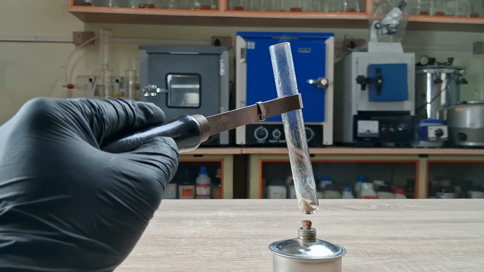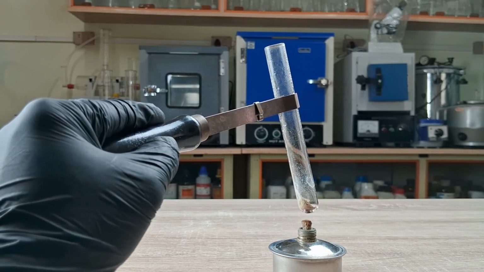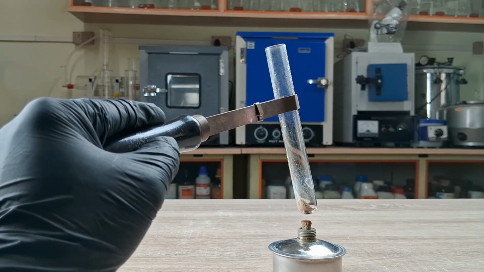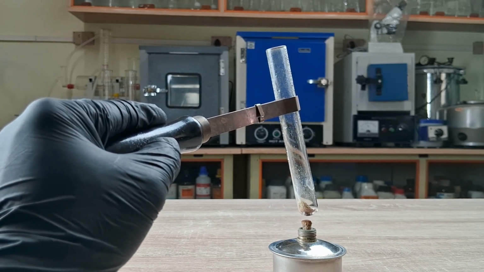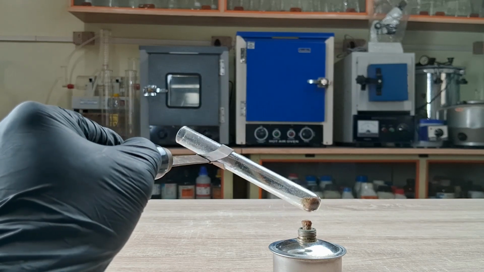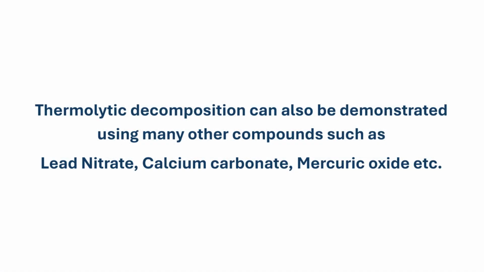This reaction is categorized as an example of heat-catalyzed decomposition reaction or thermolysis because a single reactant substance is involved, which breaks down into two or more constituent products. A similar thermolytic reaction can be demonstrated using many other chemical compounds, most commonly compounds such as lead nitrate, calcium carbonate, and mercuric oxide.